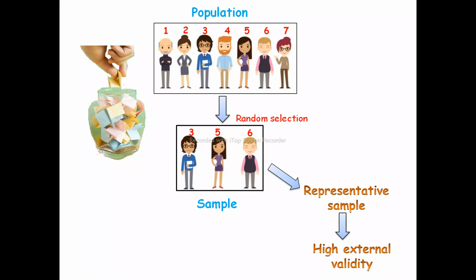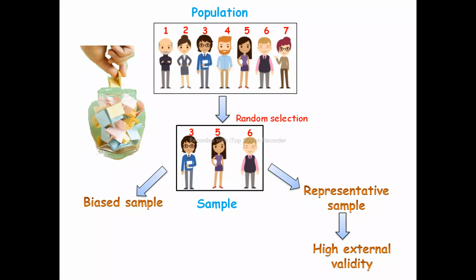But what if you don't have a good sample? What if your sample is not representative of the population? For example, 50% of your population are women, but in your sample just 10% are women. That's going to be a biased sample.